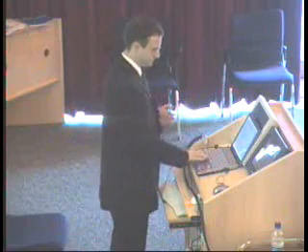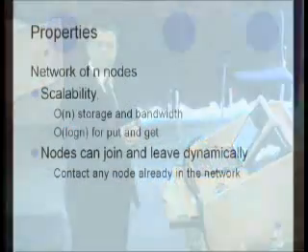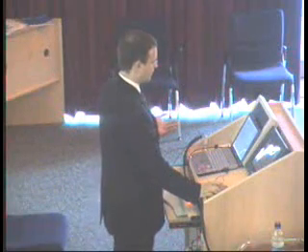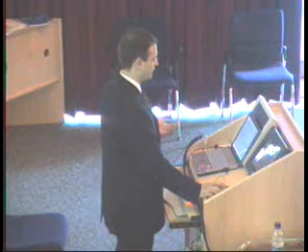Example distributed hash tables are CAN, Chord, and Pastry, and there are many more. There's been a lot of research in this field, and they have very desirable properties. They're very scalable, and they require an order of log n messages for put and get in an n-node network.